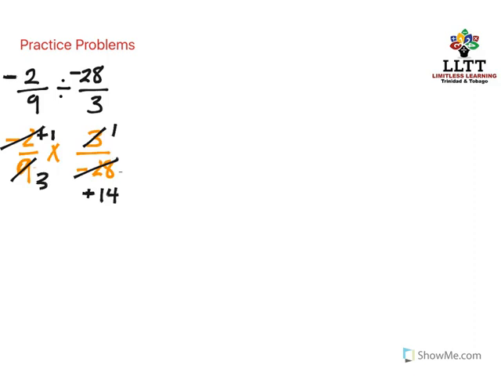So my numerator now reads 1 multiplied by 1, and my denominator now reads 3 multiplied by 14, and 14 times 3 is 42, so that's 1/42.